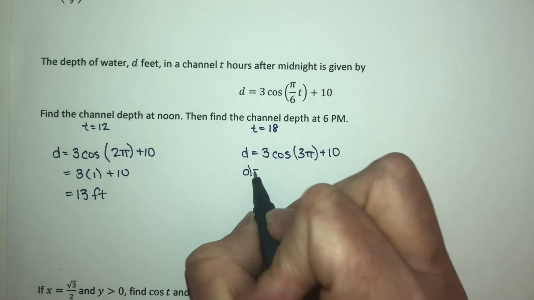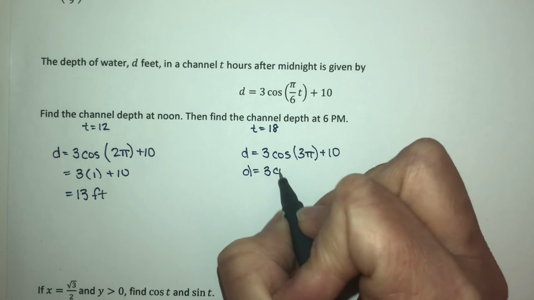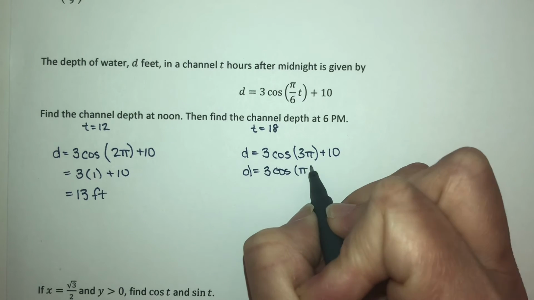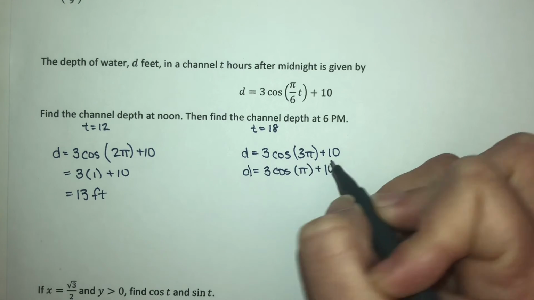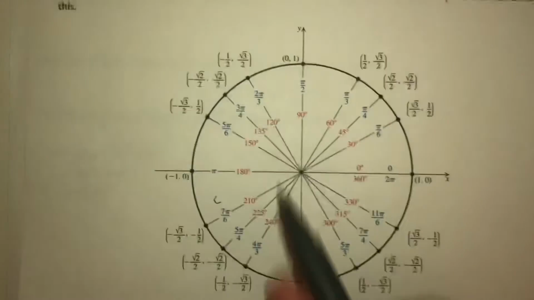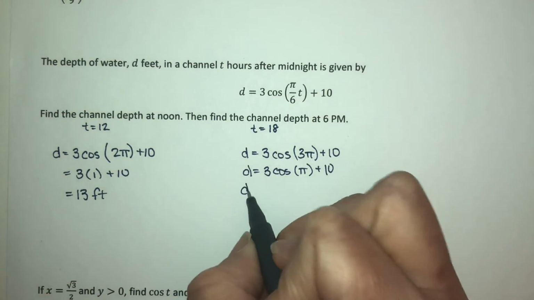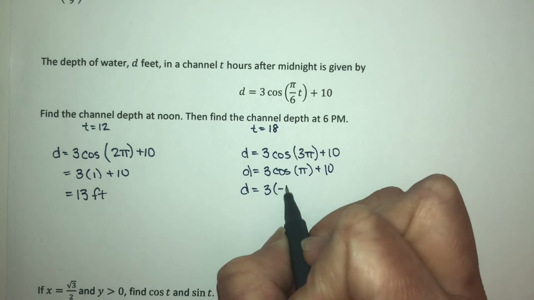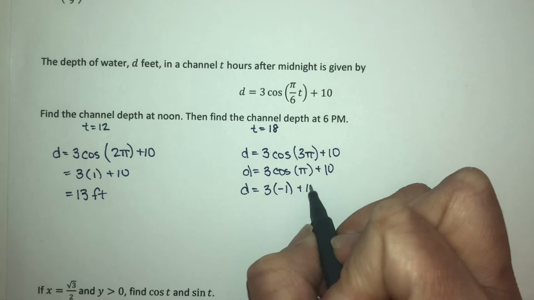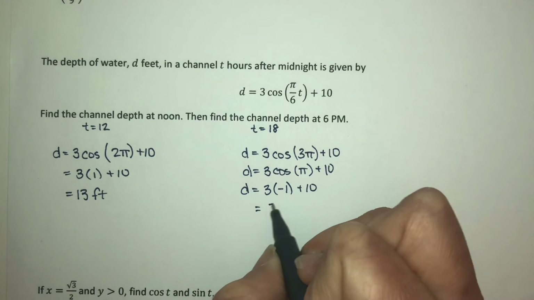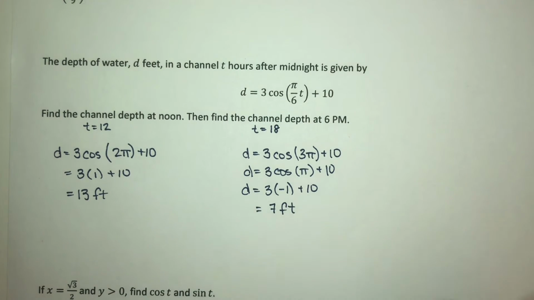So what I have here is the same as 3 times cosine of pi plus 10. What is cosine at pi? -1. So my d is equal to 3 times -1 plus 10. So that is 7 feet. So at 6 p.m., the channel is 7 feet deep. This would be high tide. This is low tide.